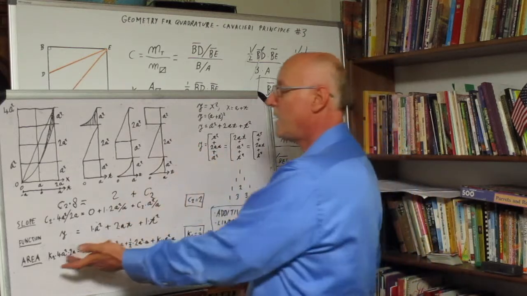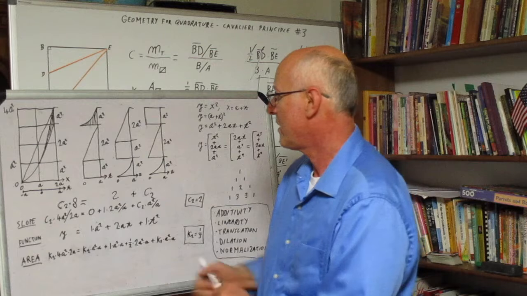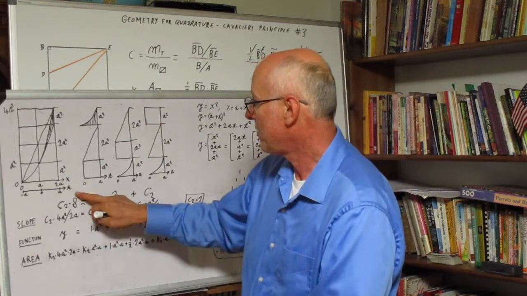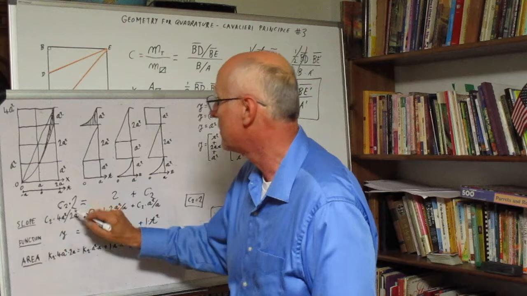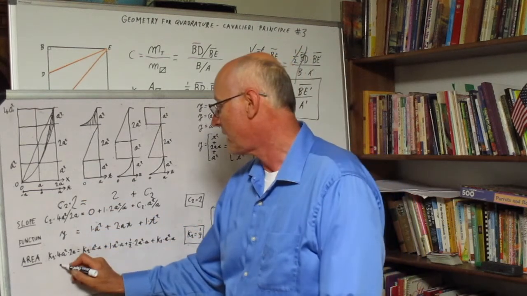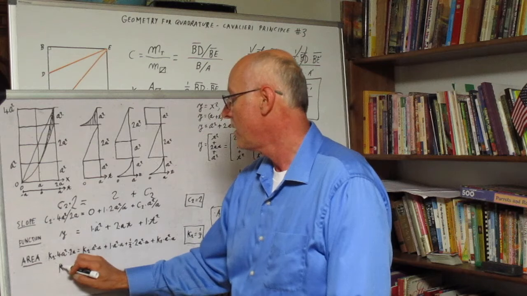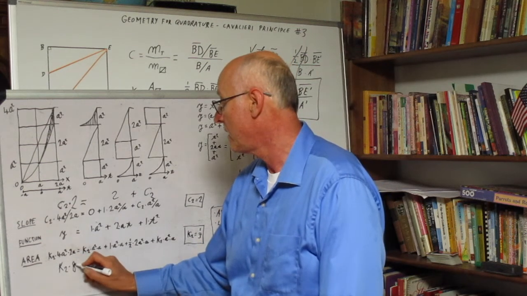Here, the a squared times a cancels out. And did I make a mistake here? I sure did. This would be 2. C2 times 2. Sorry about that. This one is a K2 times 8.